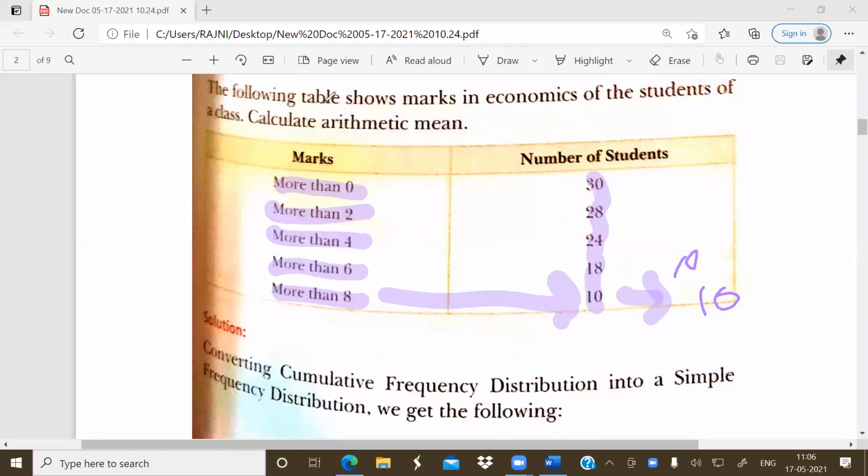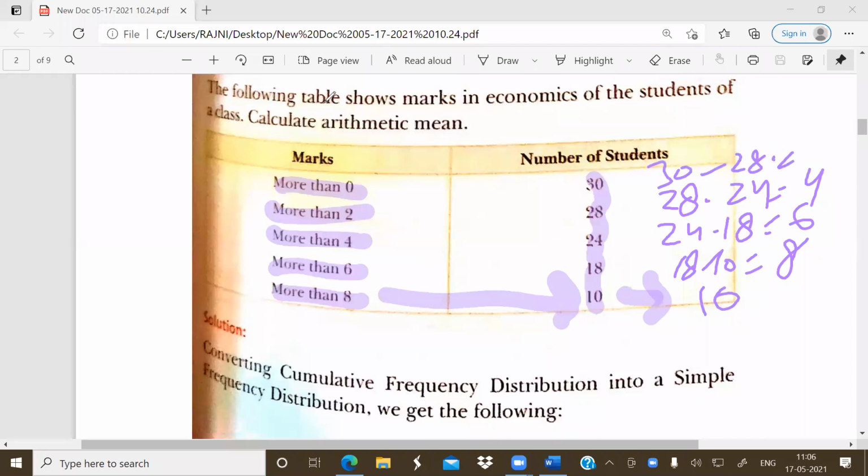It means 18 minus 10 will be equivalent to 8. 24 minus 18 will be equivalent to 6. 28 minus 24 will be equivalent to 4. And 30 minus 28 will be equivalent to 2. 2, 4, 6, 8, and 10. This will be the original frequency.